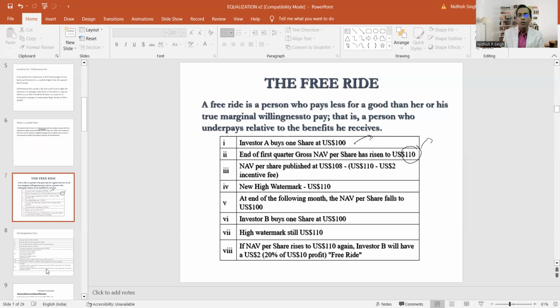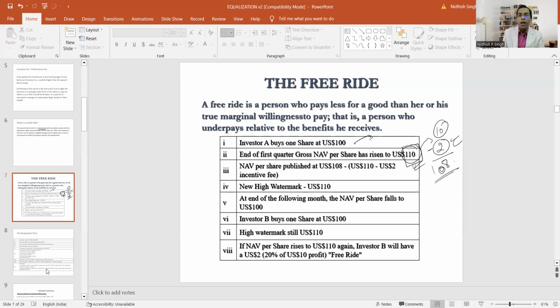At this point, there is a $10 profit, which will attract $2 of incentive fee, so minus 2. So the overall fund becomes 108. After paying off $2 of incentive fee, the final NAV becomes 108. Remember, the GAV, the NAV before incentive fee, was 110.